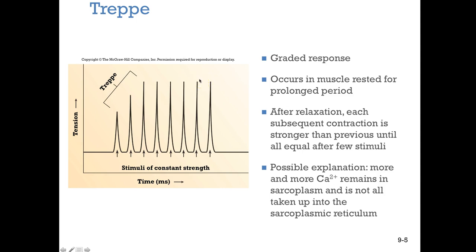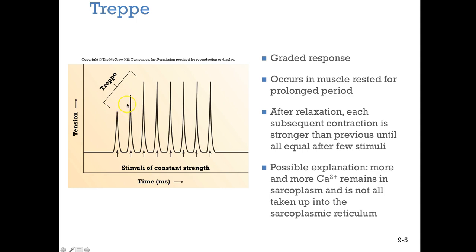So why is that? Why are all these contractions equal, and how are we able to increase this after we get relaxation? It's because we have calcium around our myofibrils, and within the first few contractions, the calcium in our sarcoplasm, surrounding the actin and the myosin, is going to stick around, and that's why we are more efficient when we contract the next time.